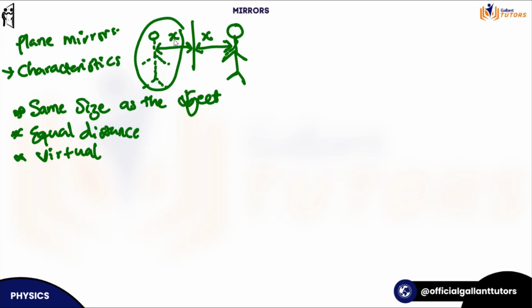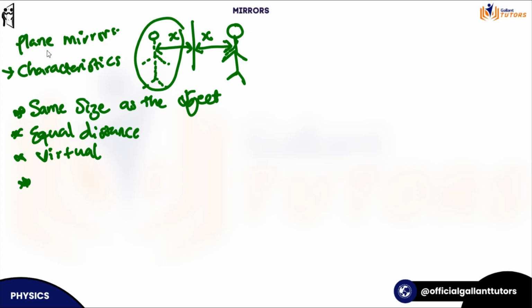Also, have you noticed that if you try lifting your right hand while facing a mirror, the image that is being formed will seem as though you are lifting your left hand, your left arm? Why is this so? It's due to a principle known as lateral inversion.